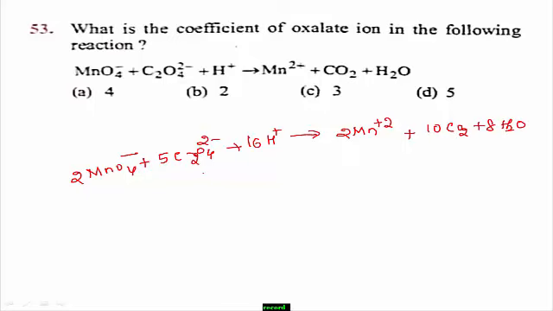Hence, the coefficient of oxalate ion is 5 here, right? Usually moles, it is 5.